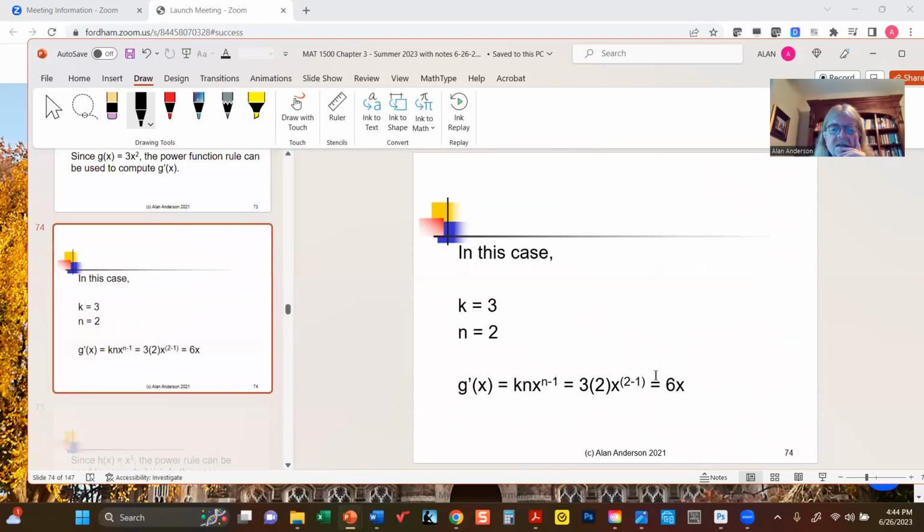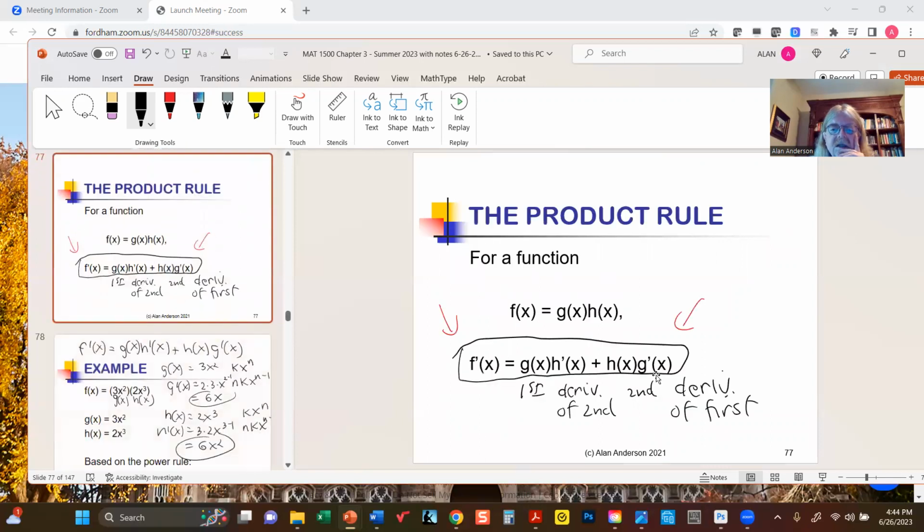All right, so now let's skip ahead to the product rule. Now, this is the first one that's a little bit complicated. And it's not exactly what we were thinking. It's not like with the addition rule, where all you're really doing is adding up 2 derivatives. This one is a lot more complicated, as you can see. We have to take into account g prime and h prime of x.